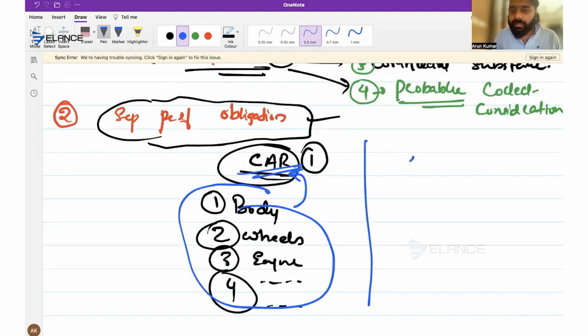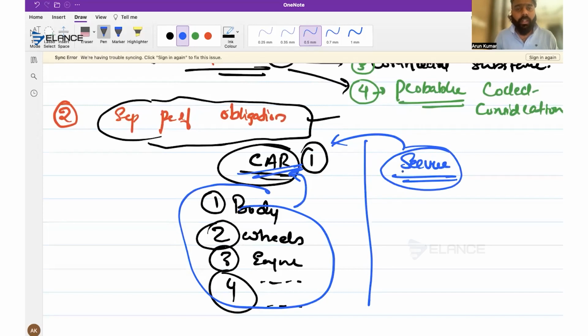But the service, is it an integral part of the car? No. The service can be taken from outside sources as well. It is not mandatory that it should happen along with the car. So it is a distinct, separate performance obligation. The service that you are giving to the customer, even if it's for free, I have to consider as a separate performance obligation.